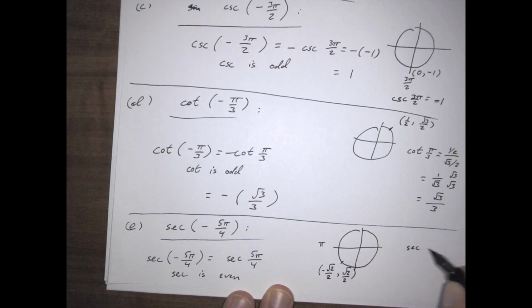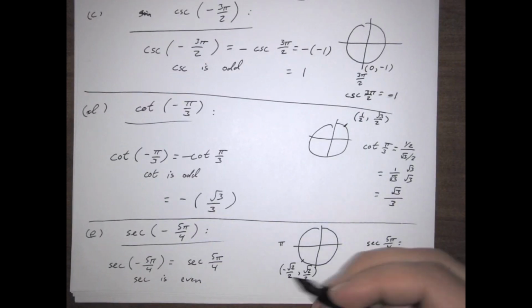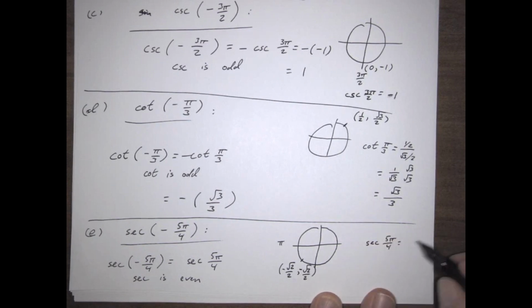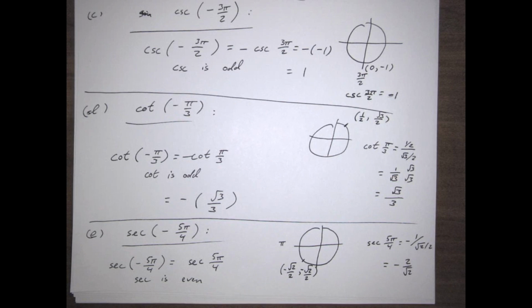So what that means is that the secant of 5 pi over 4 is equal to, sorry, negative and negative, so they should both be negative. So it's equal to negative root 2 over 2, or 1 over root 2 over 2. And that's equal to negative 2 over root 2, so it's a reciprocal. That's another way of putting it.